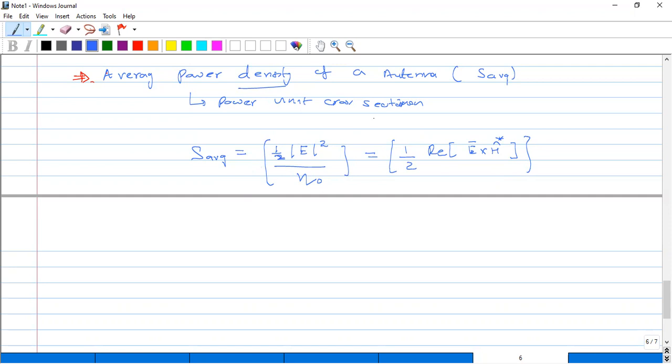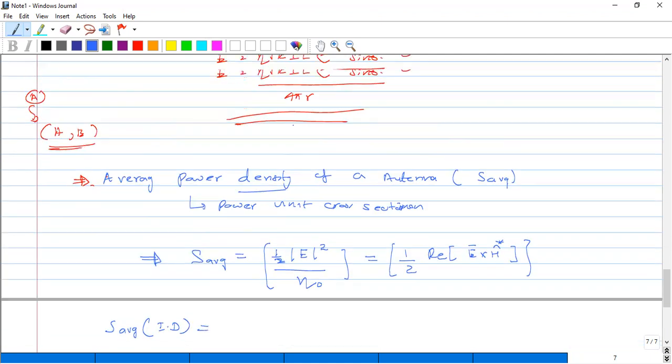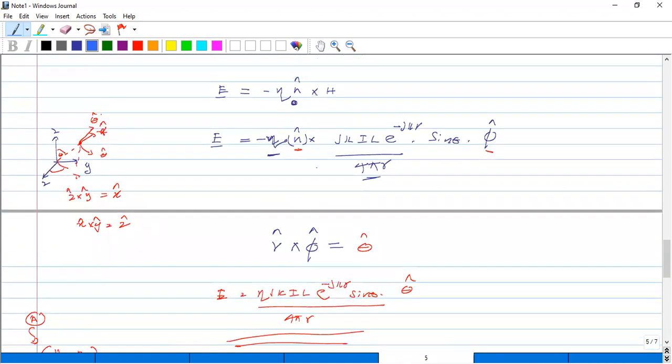So this is the definition for the average power density. We are not going to derive these things, but we use this identity and calculate S average for the infinitely small dipole. You have already calculated the E field.